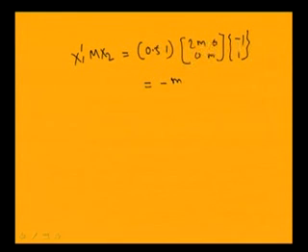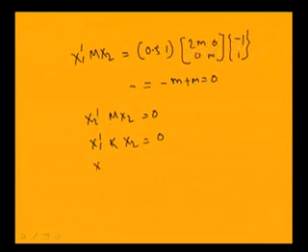Similarly, you can verify that x 2 dash m x 2 equal to 0, and x 1 dash k x 2 equal to 0, and x 2 dash k x 1 is also equal to 0. So, this shows the orthogonal property of these eigenvectors or normal modes.